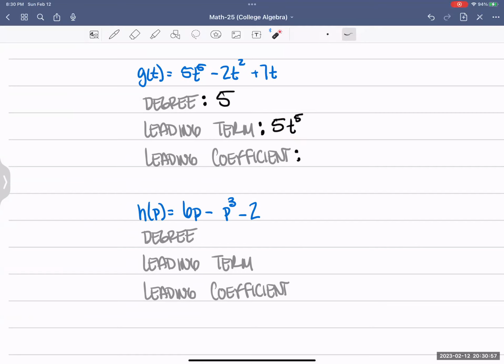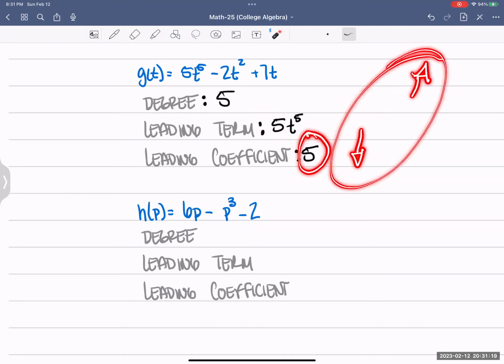Lastly, the leading coefficient is the number in front of our highest degree term, 5. So lots of 5s here. Odd tells us that we have our little cactus going in this direction. That 5 being positive tells us that we have this.